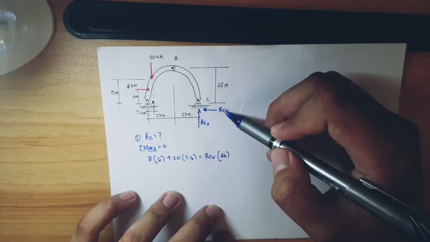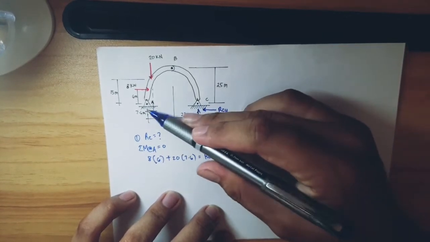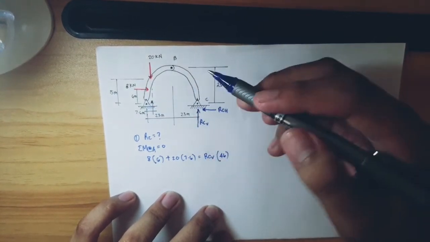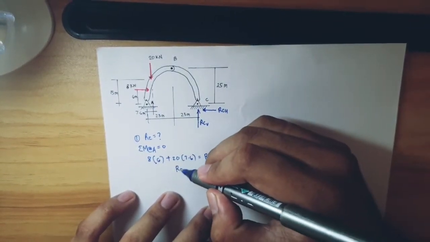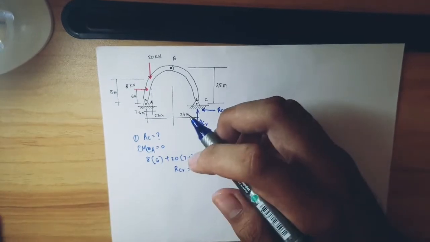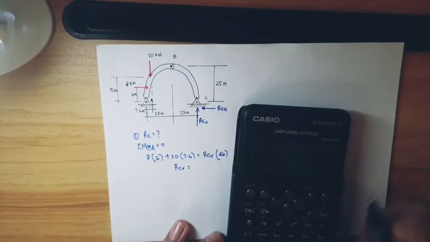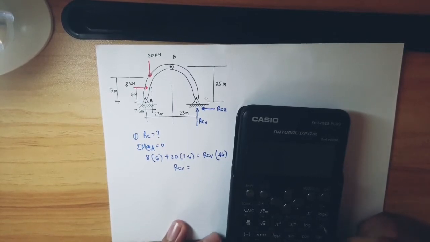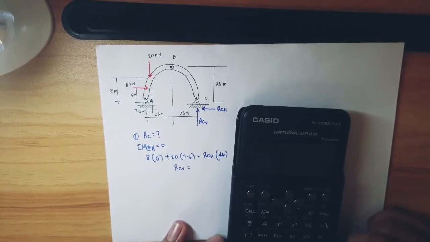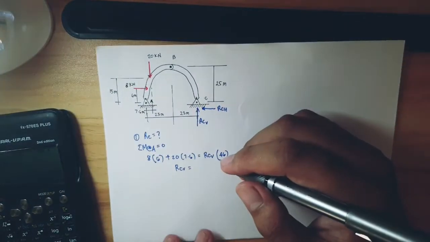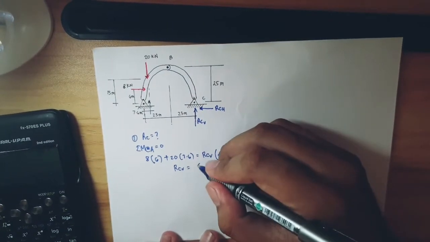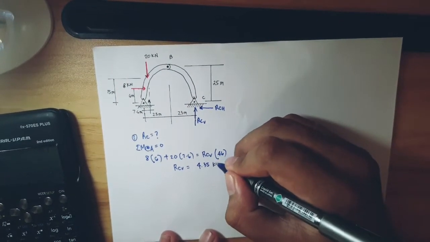So dili na nimo maapil si RCH kay collinear siya with the point A. So wala kay distance, di ka maka-produce of moment. So RC vertical, okay, let's compute. 8 times 6 plus 20 times 7.6 divided by 46. We have 4.35 kilonewton.